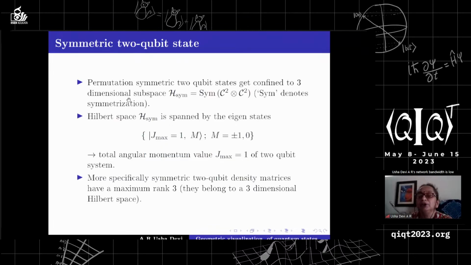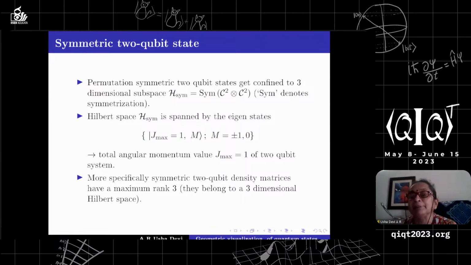Now I move ahead to a permutation symmetric 2-qubit state, because I'm going to talk about the Majorana representation, where we are only restricting to permutation symmetric states. A permutation symmetric 2-qubit state lives in C2 tensor C2, complex two-dimensional space, but symmetrized. So this is a three-dimensional subspace of the full 2-qubit space. It is spanned by the eigenstates of angular momentum: 2 spin halves add to give you a spin 1 and spin 0.